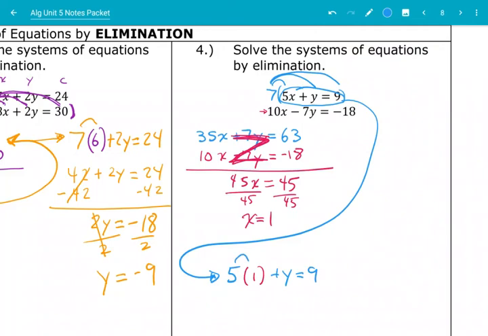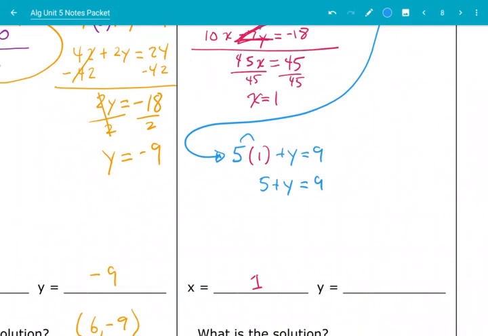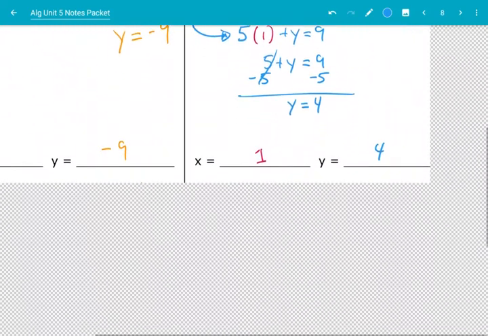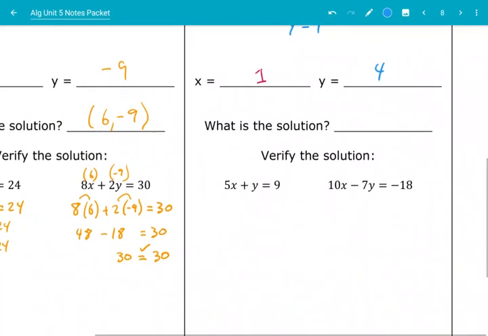Well, 5 times 1 is just 5, so 5 plus y equals 9. So I'm just going to subtract 5 from both sides, and then I have y equals 4. So the solution is 1 comma 4.